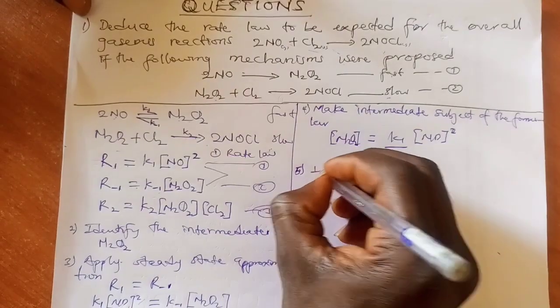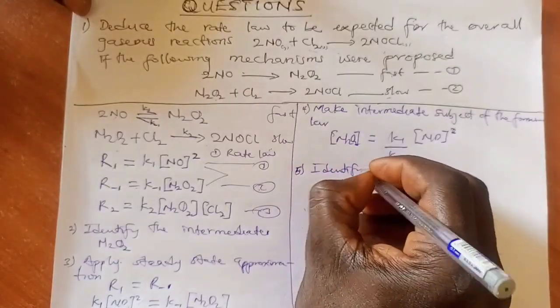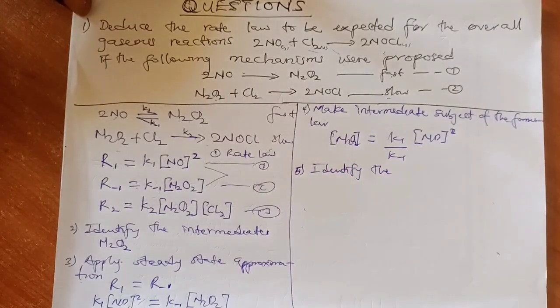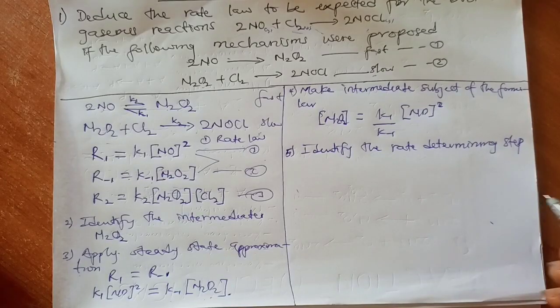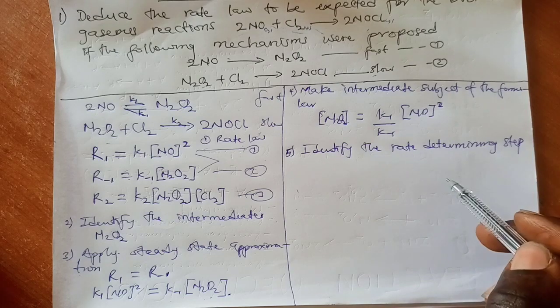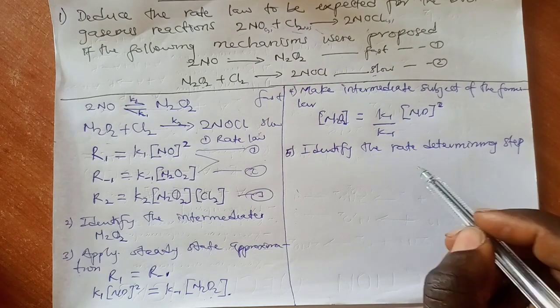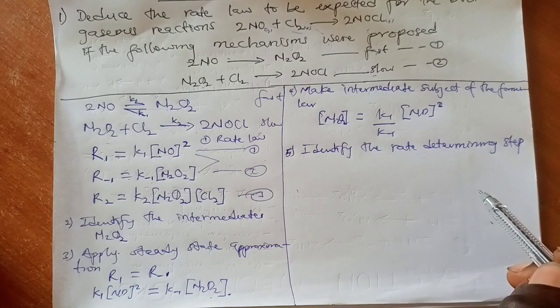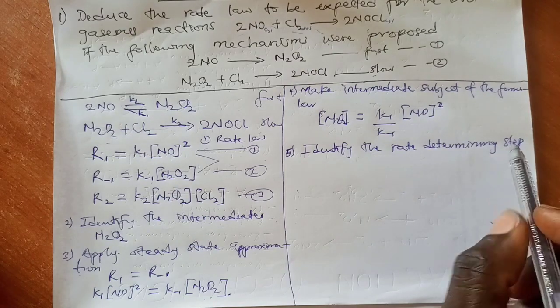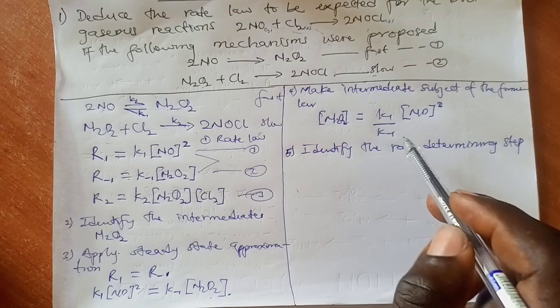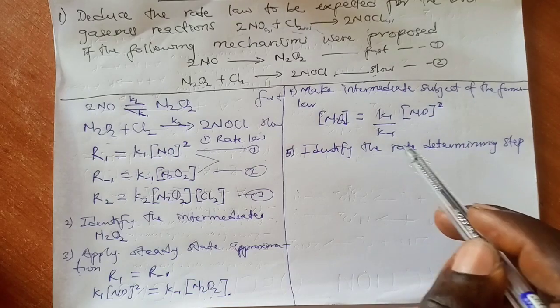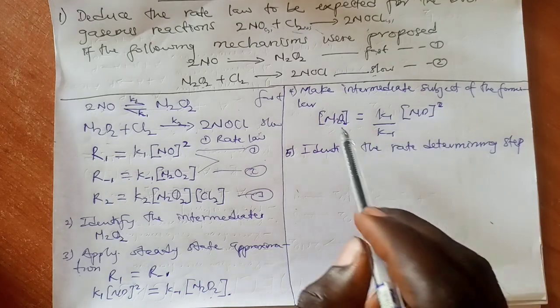Then the next step, number 5, is to identify your rate determining step. I told you it is the slow process. Most times, what you find in the rate determining step is the intermediate. Please note that your intermediate is always in the rate determining step for the sake of substitution.